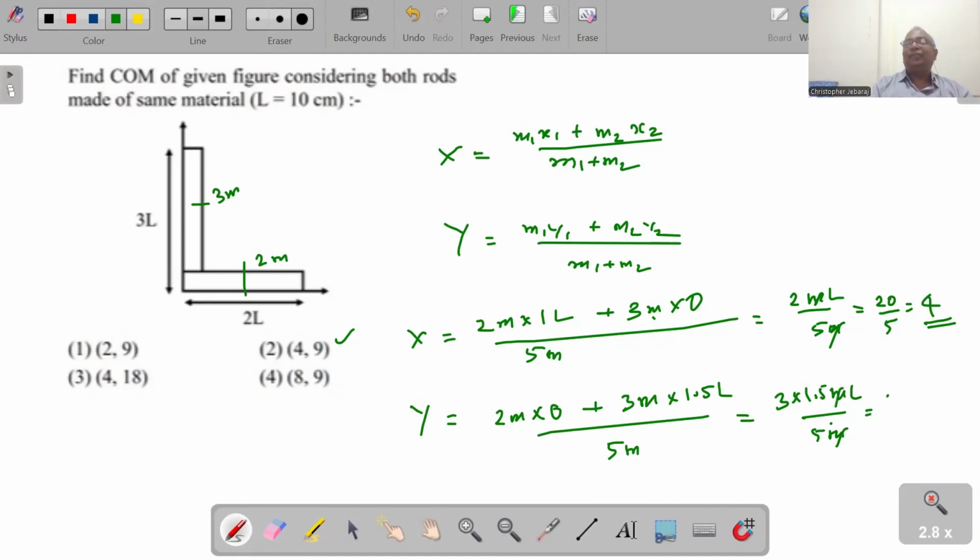Here 4.5, sorry, this value is 4.5 into L, which is 10 centimeter, by 5, 45 by 5, which is nothing but 9. So the answer is 4, 9.